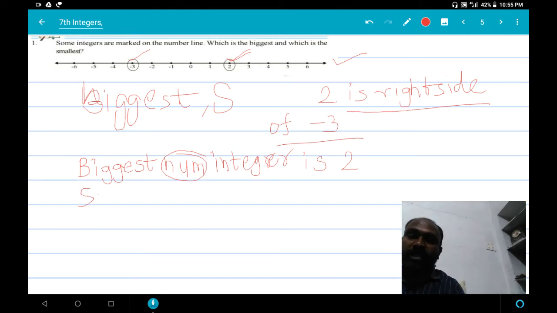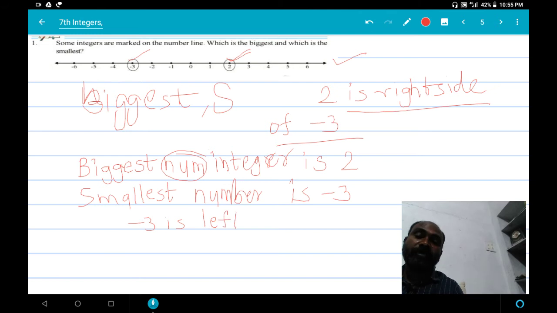So smallest number or integer is -3, because -3 is left side of 2 on number line.